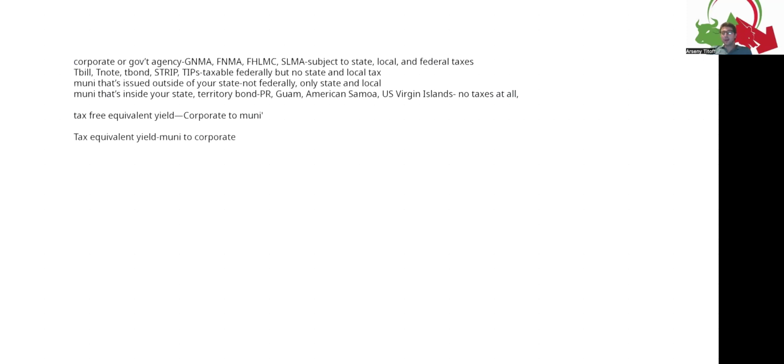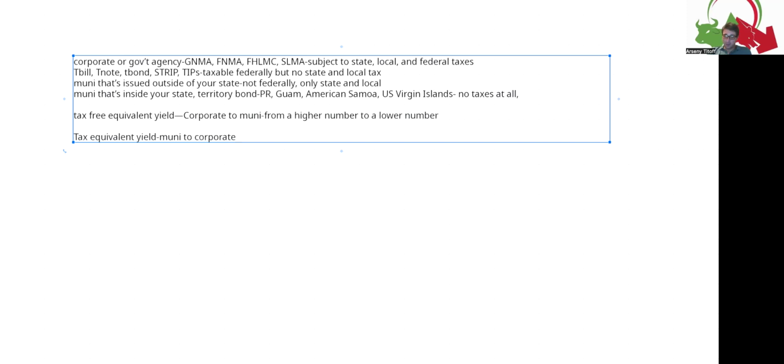An easy way to think about it: if you go from corporate to muni, you're going from a higher number to a lower number, because of the beneficial taxation, munis are not going to pay you as much. Plus they're safer than corporates in general. Tax equivalent yield is going to go from a lower number to a higher number.